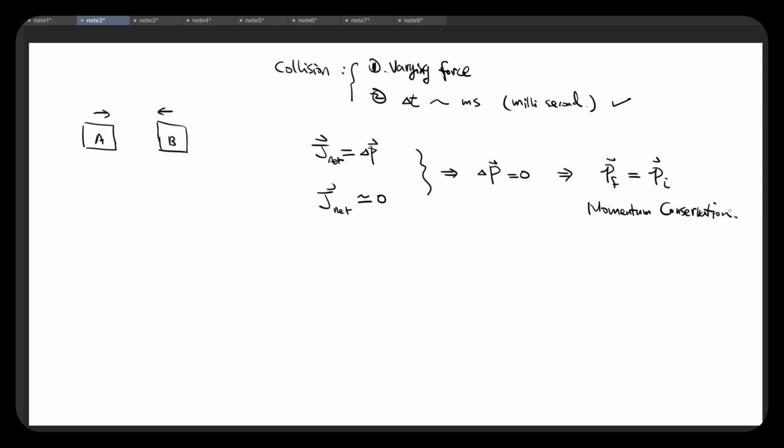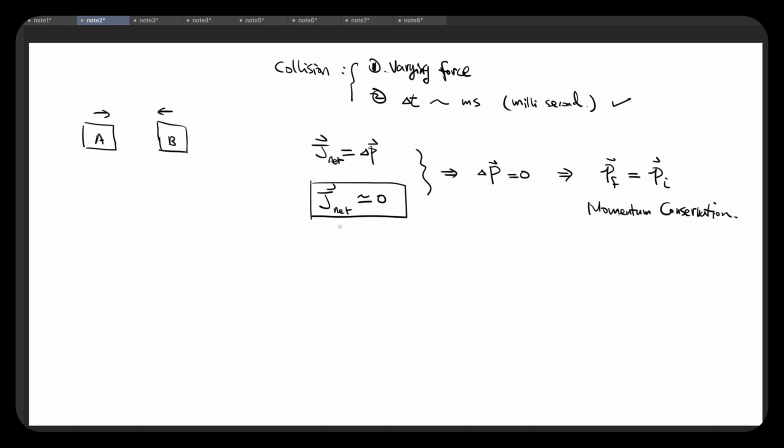So in the collision process where two objects collide, it happens very quickly, and due to that condition, we can say that's momentum conservation. Okay, so I said that the net torque on the object equals 0.